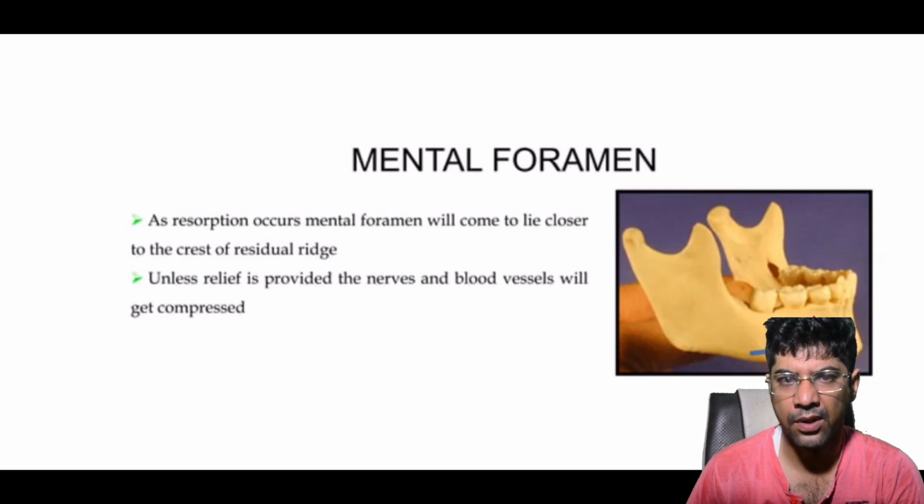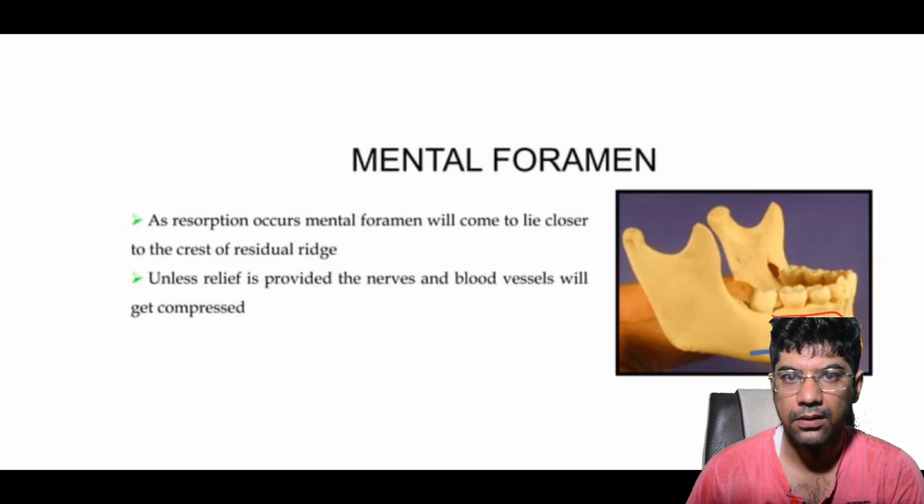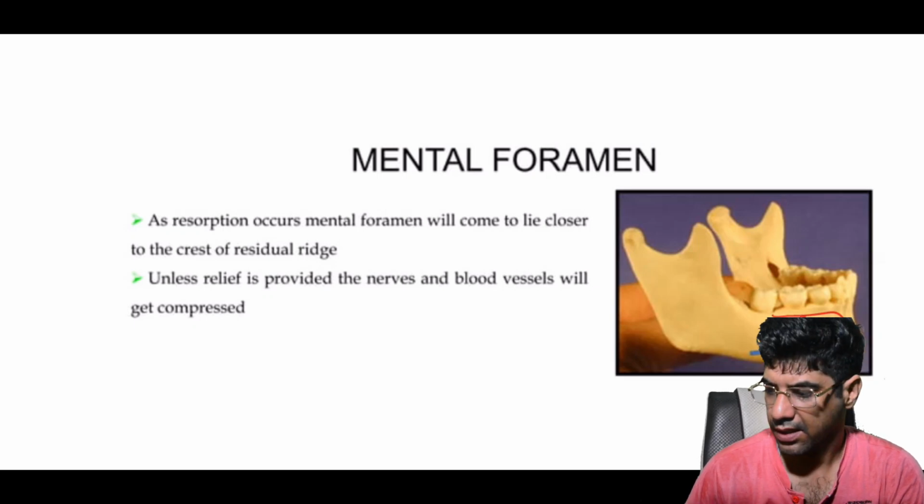Due to ridge resorption, the mental foramen may move closer to the ridge, making it vulnerable to pressure from the denture, which can cause paresthesia or discomfort. So relief must be provided around the mental foramen to prevent pressure on the nerves. Accurate localization and proper adjustment are essential to avoid discomfort and potential nerve damage.